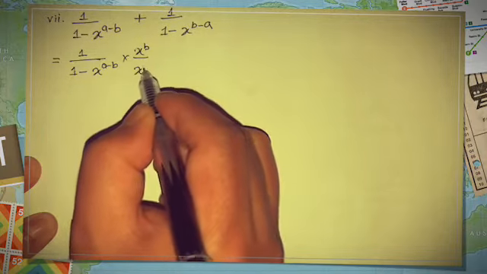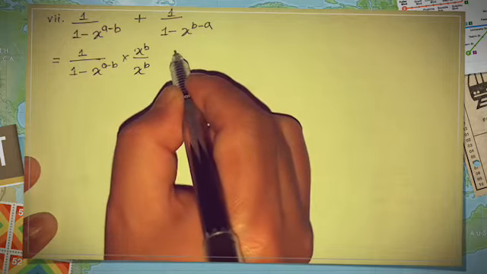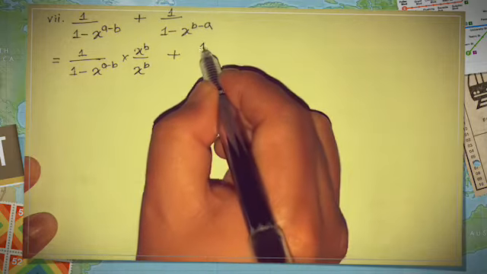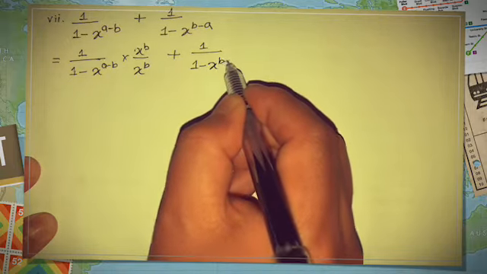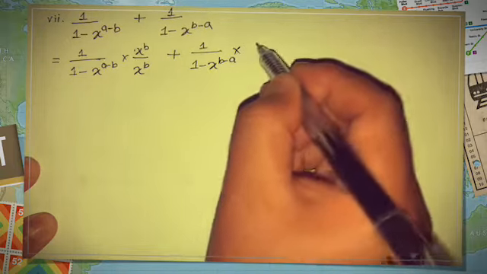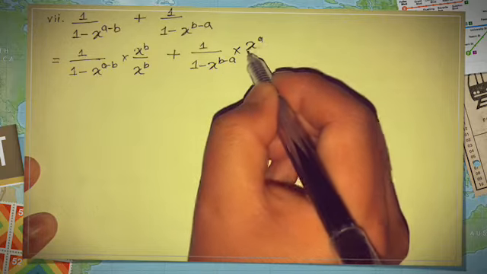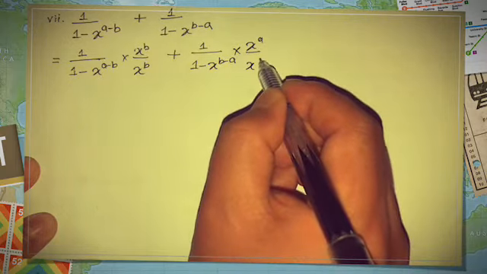Plus 1 by 1 minus x to the power b minus a, and here let's multiply by x to the power a in numerator and denominator.